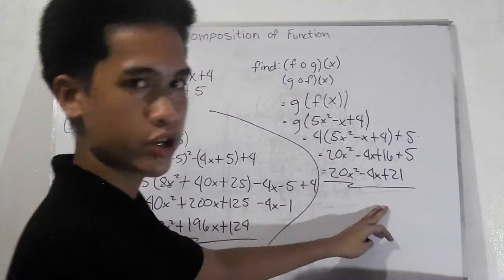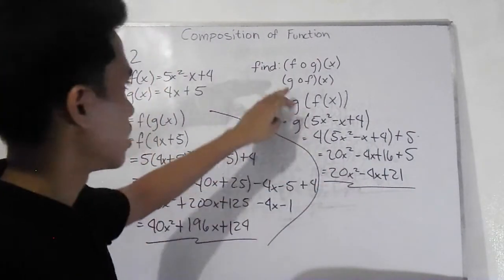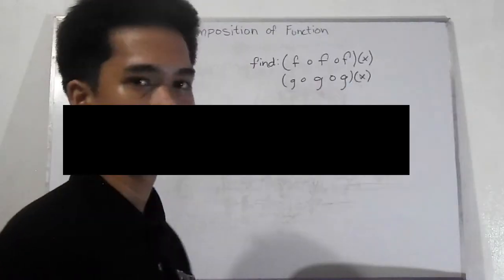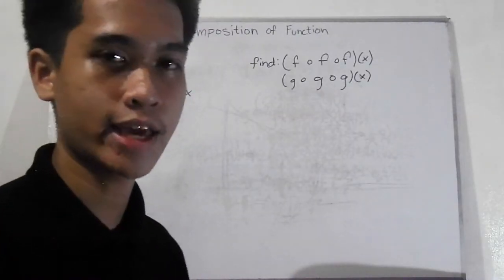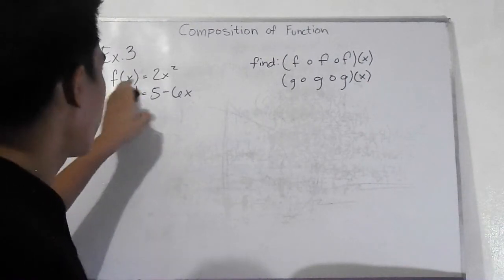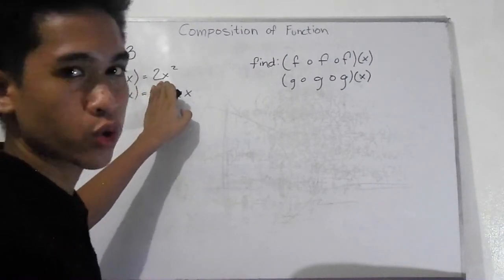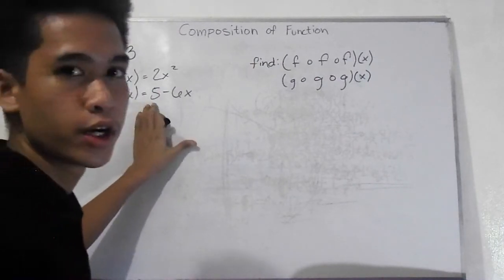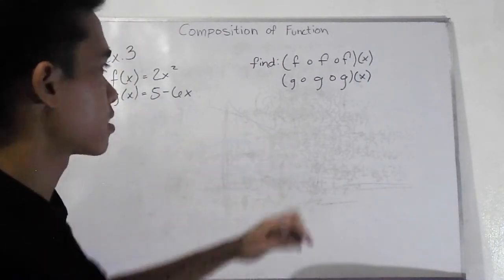So this is now your answer in the g composition of f of x. So let's have a last example. f of x is equal to 2x squared and g of x is equal to 5 minus 6x.